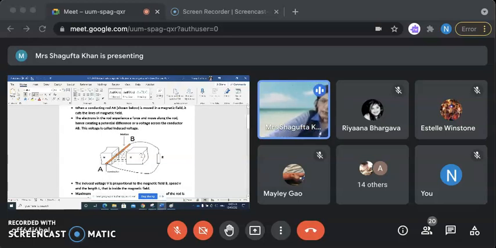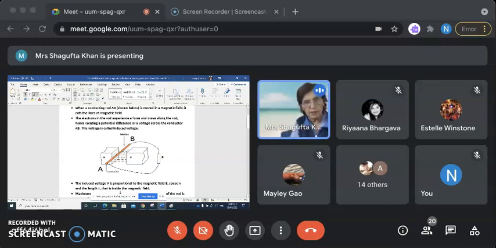Putting your hand in that position, fingers pointing along the lines of magnetic field. And if you move your right hand or palm, the palm comes towards you.